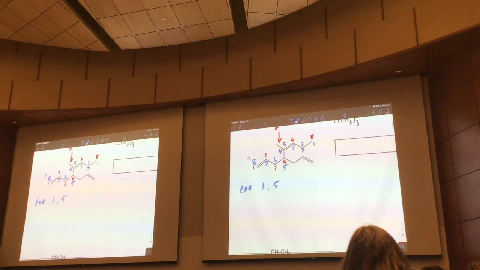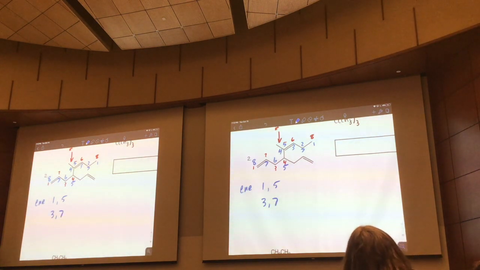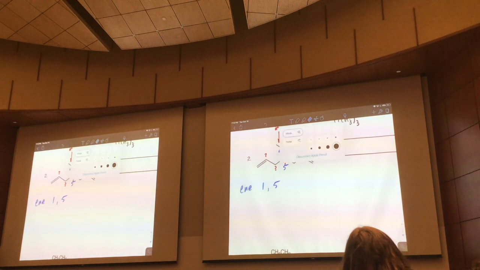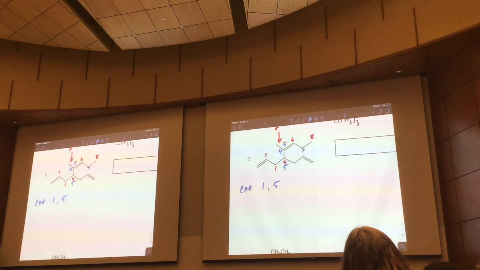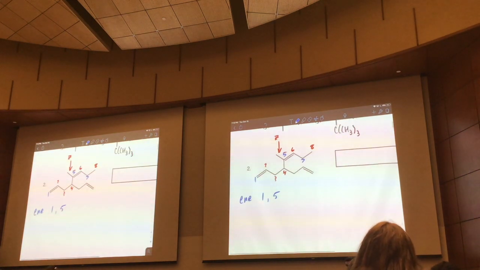So going from left to right like that, we have 1 on 3 and 1 on 7. Which one's going to win? 1 and 5, yeah, much lower numbers. So we're going to go from left to right. The eraser's huge. There we go. Awesome, so we have our parent chain and we've numbered it correctly.